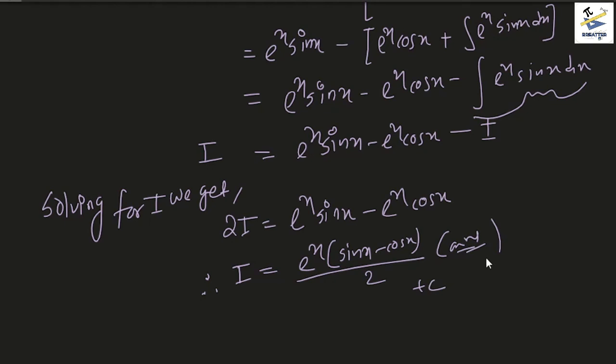So this is one of those integrals where you have to do integration by parts twice to get the answer. So this is a problem where we have basically the integral coming back on its own, and then we have to solve it like that. So this happens a lot of times.